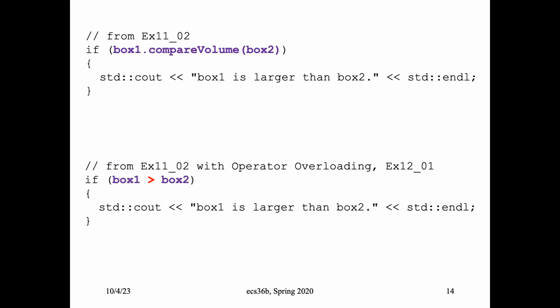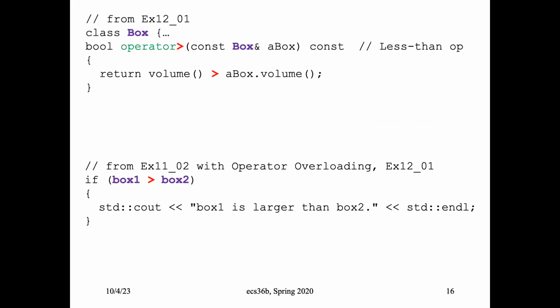We would like to compare, for example, which box is bigger in terms of volume. Just like what we did, if you write code like box one dot compare volume box two, we have to decide box one is the master and shuffle box two into it as the argument. But instead, we can do operator overloading. Just say if box one is greater than box two. So I overload the greater than. The code looks like this.